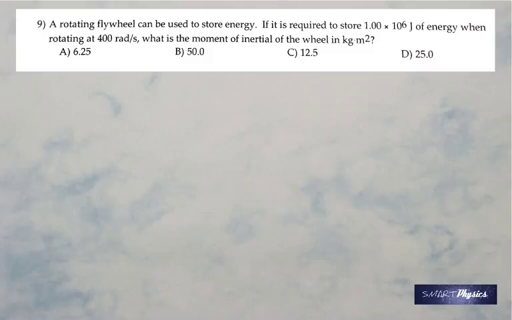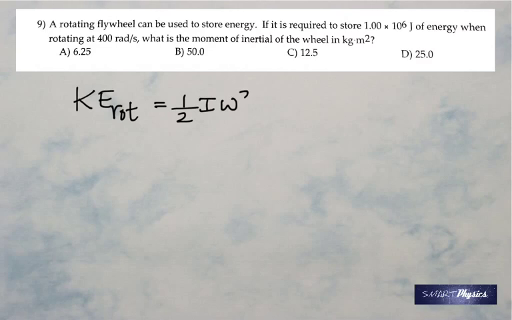A rotating flywheel can be used to store energy. If it is required to store 1 times 10 to the power 6 joules of energy when rotating at 400 radian per second, what is the moment of inertia? Again, a direct question, because kinetic energy of rotation is 1/2 I times omega squared.